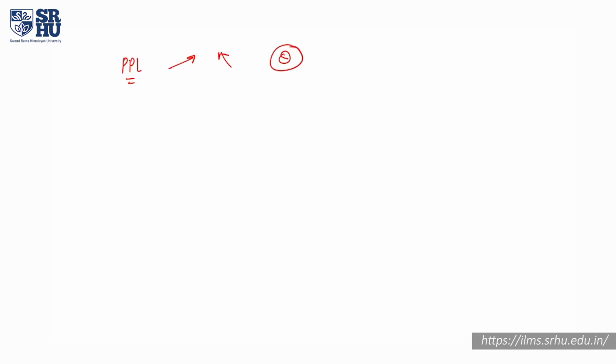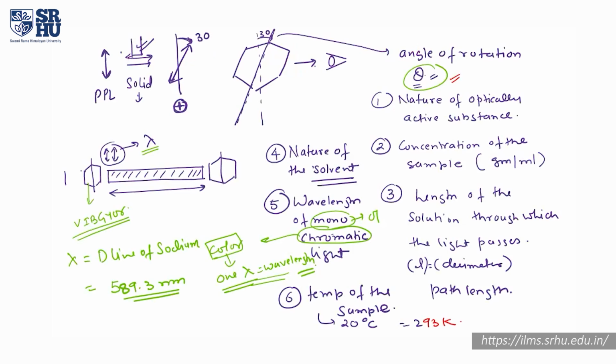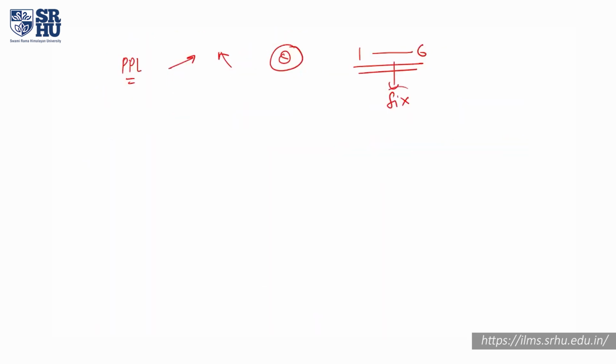Now I can say that out of these 6 parameters that you have studied here, if you keep them all fixed, the theta will also get fixed, and by this theta you can identify the sample.